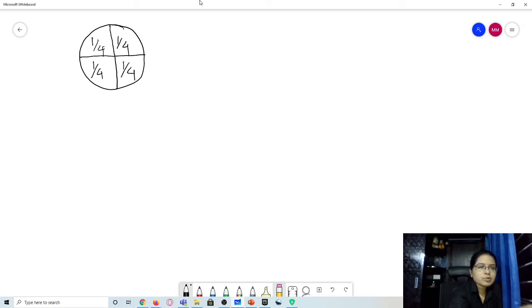So each person will get 1 divided by 4. Here the whole is 1, total parts is 4, and each part is 1. Number of parts taken out divided by total number of equal parts, that is 1 divided by 4. So the whole pizza is 1.